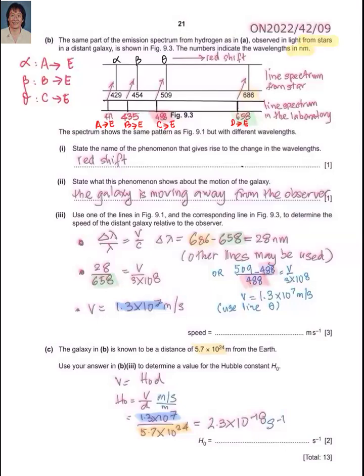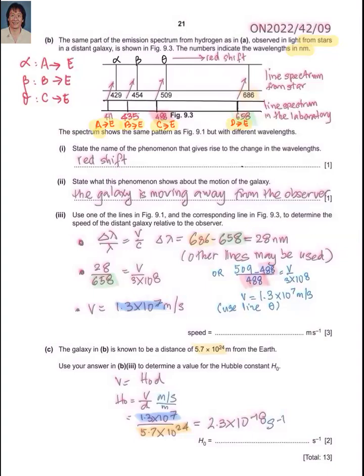You must understand that the 411 nanometer line is produced on Earth by the electron transition from A to E. The line 435 nanometer is produced by the electron transition from B to E. The line corresponding to 486 on Earth is the electron transition from C to E. And the 658 is for the electron transition from D to E.